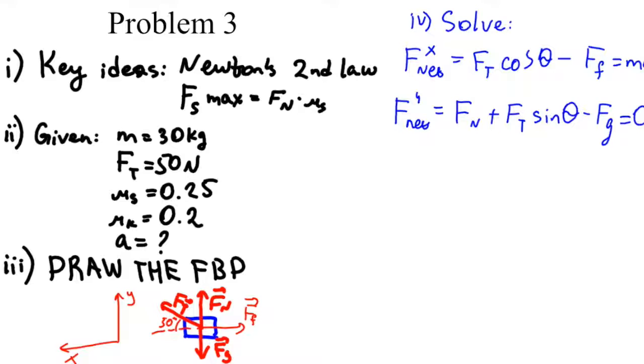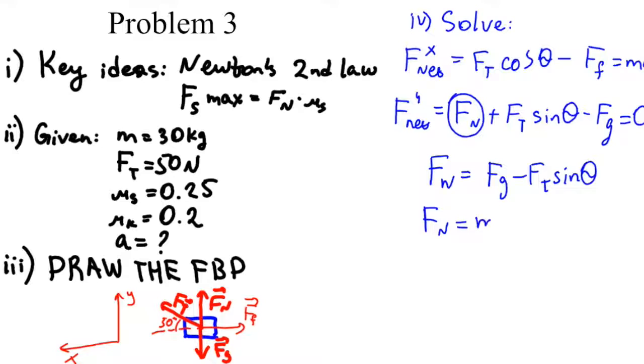So we solve for F net here, which is Fg minus Ft sine theta, and Fn is mg minus Ft sine 30 degrees.